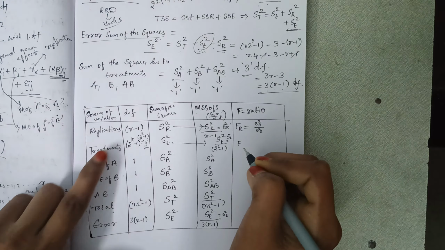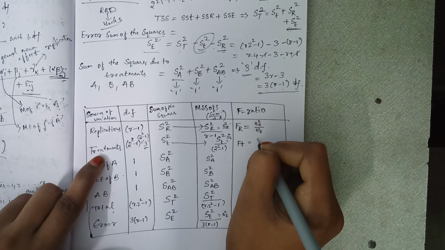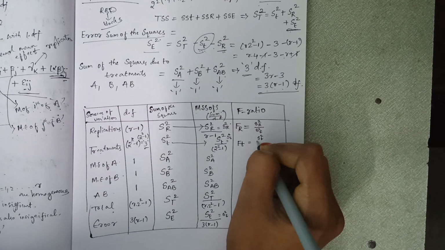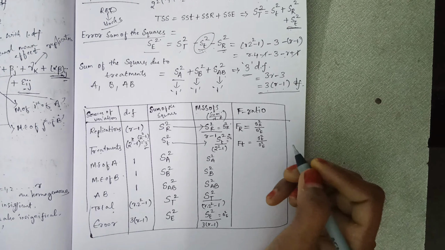And F ratio for the treatments is F small t, which equals mean sum of the squares of the treatments divided by mean sum of the squares due to error.